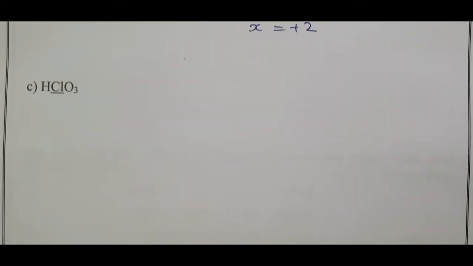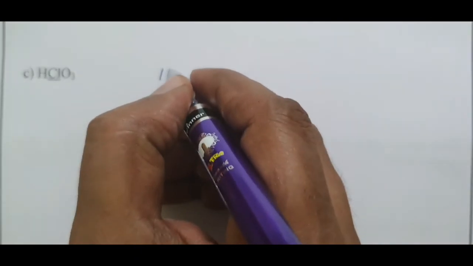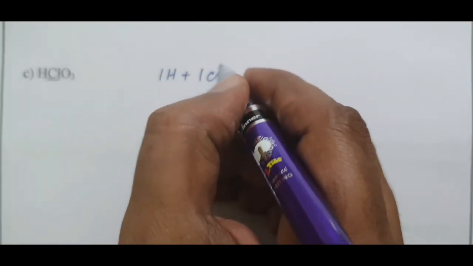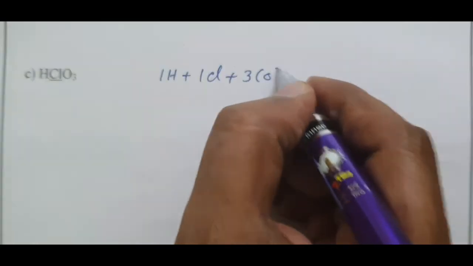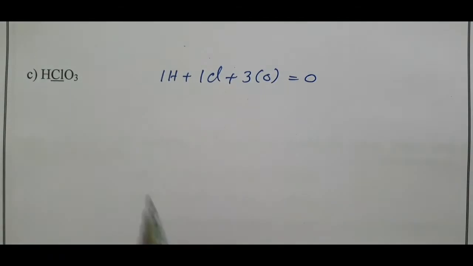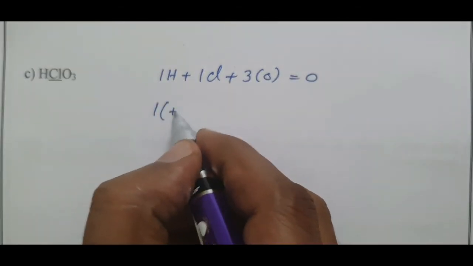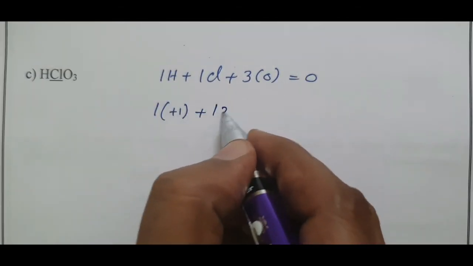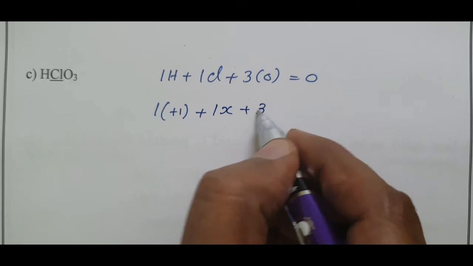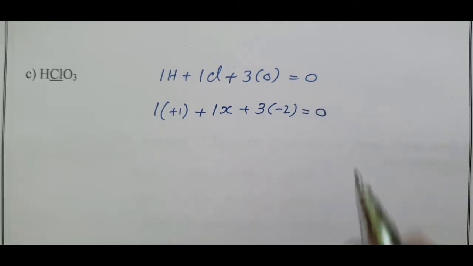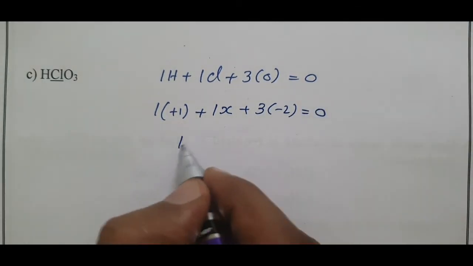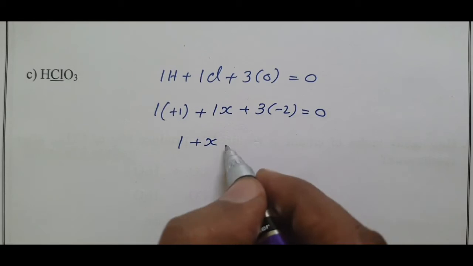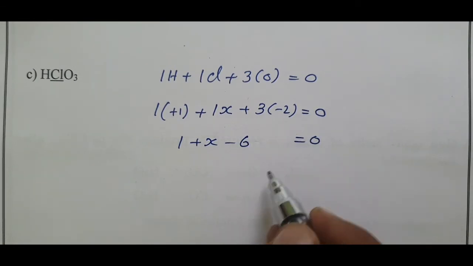Come to the third compound, HClO3. It contains only 1 hydrogen. We have to determine the oxidation state of chlorine. 1 chlorine and how many oxygen? 3 oxygen, total equal to 0. 1 into hydrogen oxidation state +1, chlorine we have to determine, therefore put it as X, 3 into -2, equal to 0. 1 + X, 3 into 2 is -6, equal to 0.